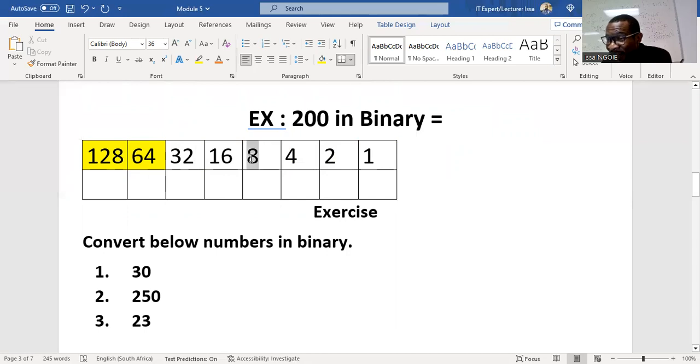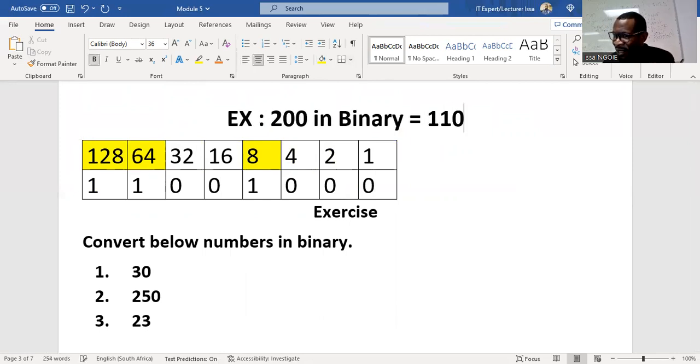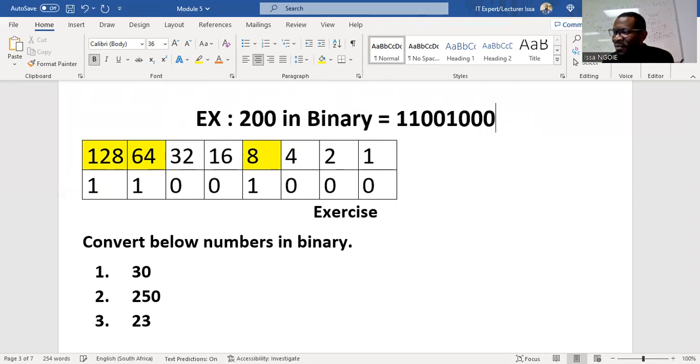So I need 8. That's going to be 200. So I'm going to put 1 here, 1 here, and 1 here. So here I'm going to keep 0, 0, 0, 0, 0. So 200 in binary is 1, 1, 0, 0, 1, 0, 0, 0.